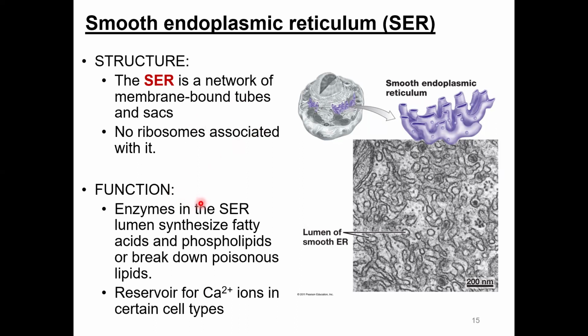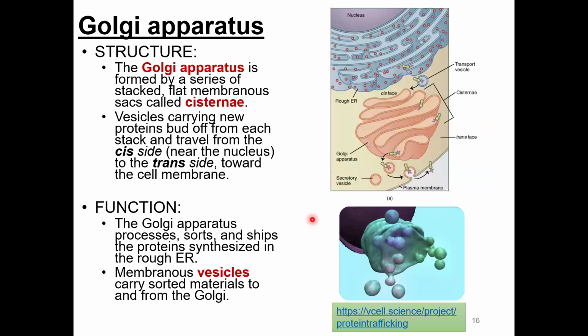The enzymes within the smooth ER's lumen synthesize different fatty acids and phospholipids, and break down any poisonous lipids that entered the cell itself. It also acts as a reservoir for calcium ions within certain cell types.